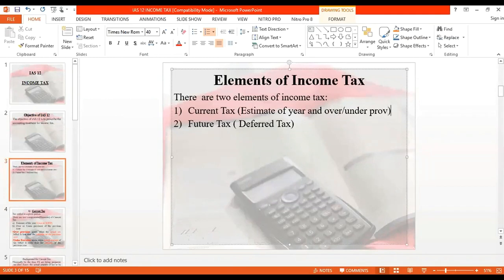So that is what we have under current tax. Under current tax, you should know how to account for the estimate of the year, what goes to the balance sheet, and how to account for over and under, which we have looked at.